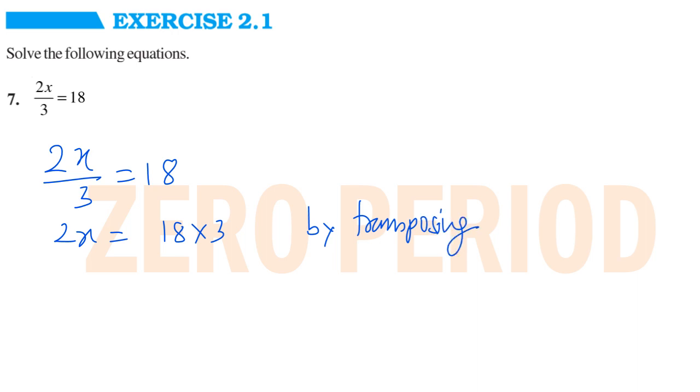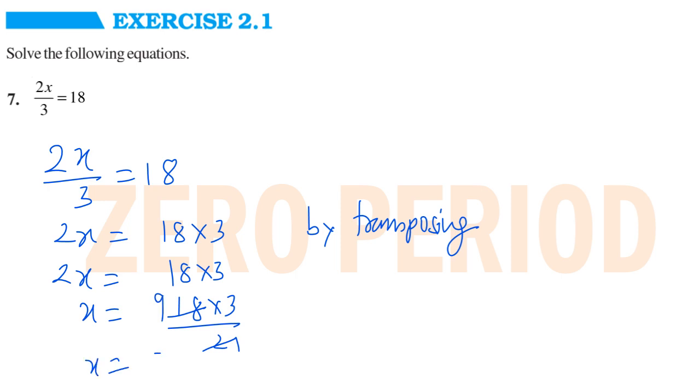Sometimes you call it cross multiplication also. 2x is equal to 18 into 3. I have to transpose this 2 here. 2 once is 2, 2 nines are 18, and x is equal to 9 threes, 27. Your answer is 27 only.